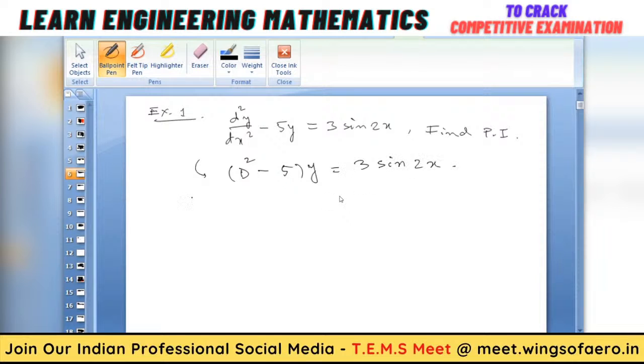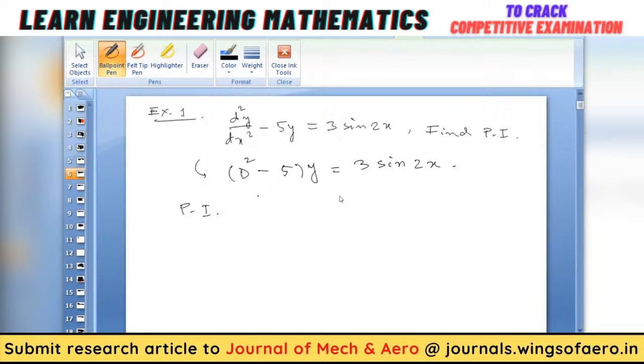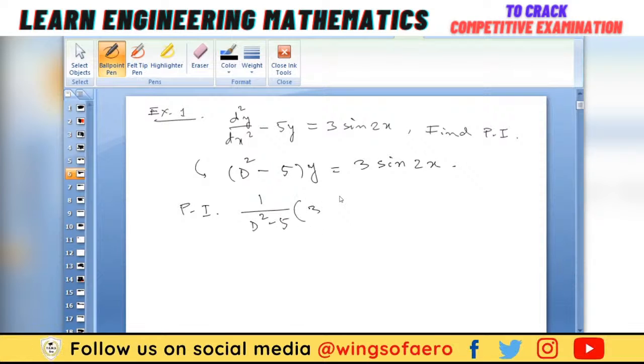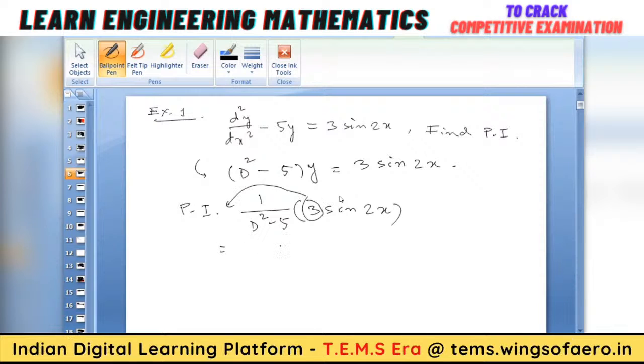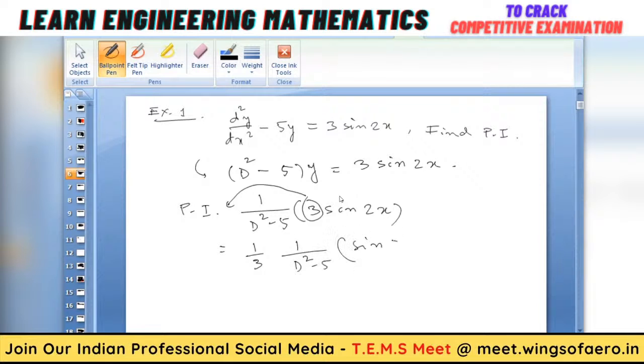Okay, and what is PI? The PI formula is the same: 1 by (d square minus 5) of 3 sin 2x. Since 3 is a constant term, we can take this 3 outside. So it becomes 1/3 of 1 by (d square minus 5) of sin 2x.